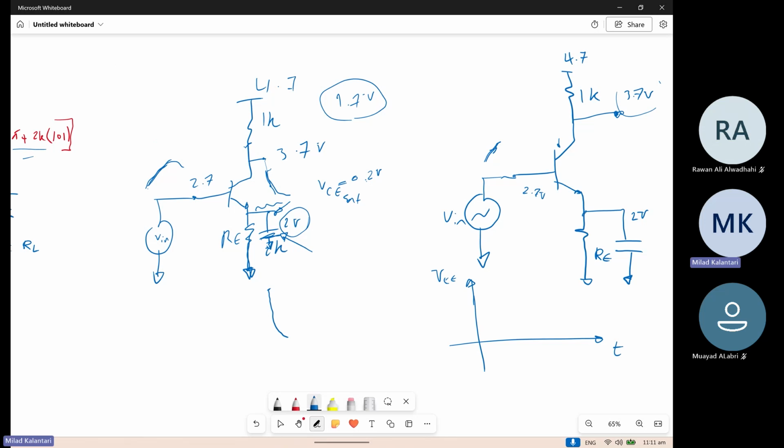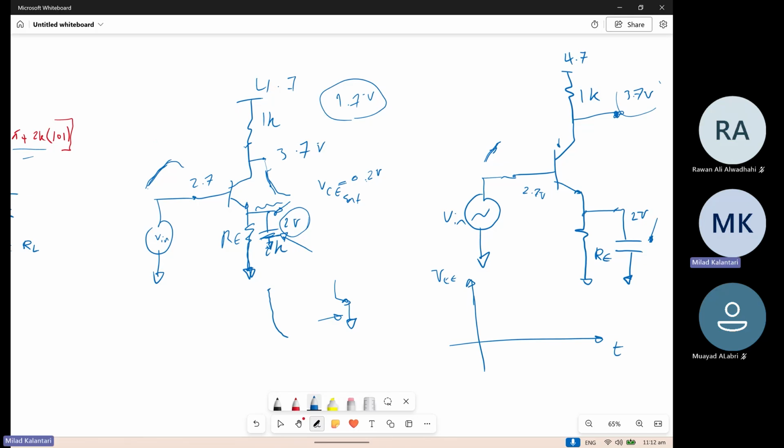Because of this big cap. The big cap here does not allow the AC signal to appear at the emitter, right? Because for the small signal, if you remember, the small signal model for the cap at the emitter is like a short circuit, right? The small signal model at the emitter is a short circuit, meaning there is no AC signal at the emitter. Is that clear?